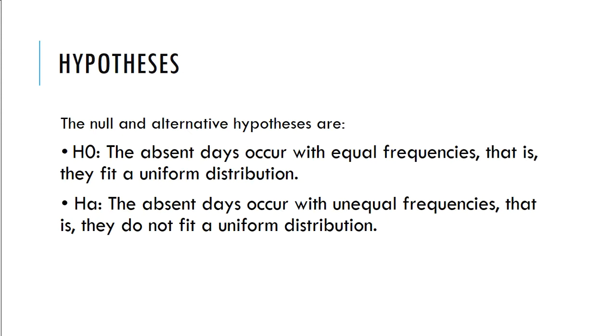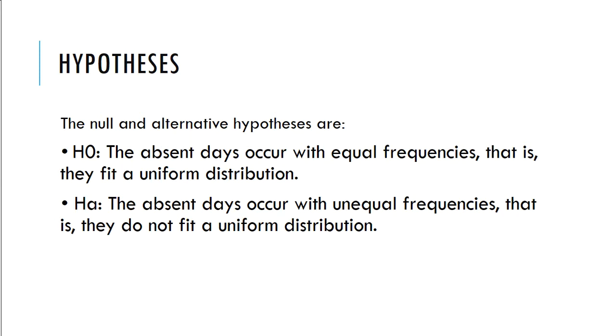All right, let's talk about our hypothesis. To me, chi-squared has the easiest hypotheses to make. So the null is the absent days occur with equal frequencies. That is, they have a uniform distribution. And a uniform distribution basically would almost look like a rectangle across the axes.